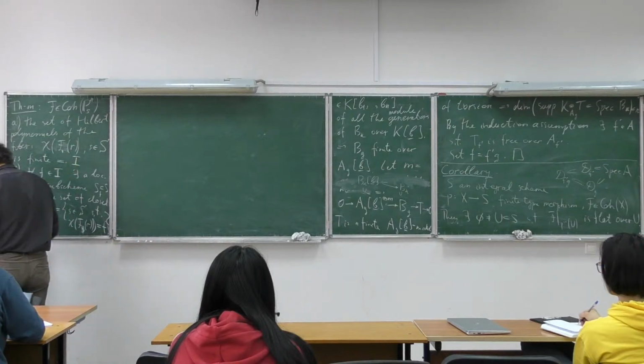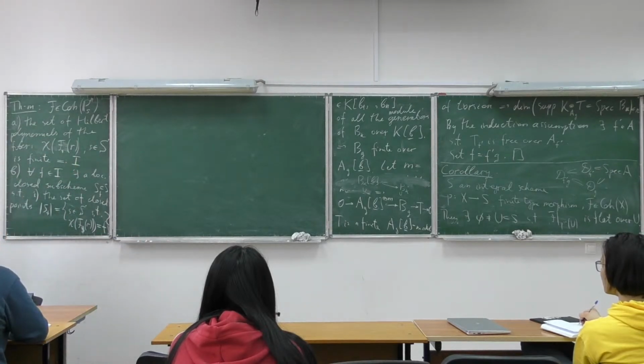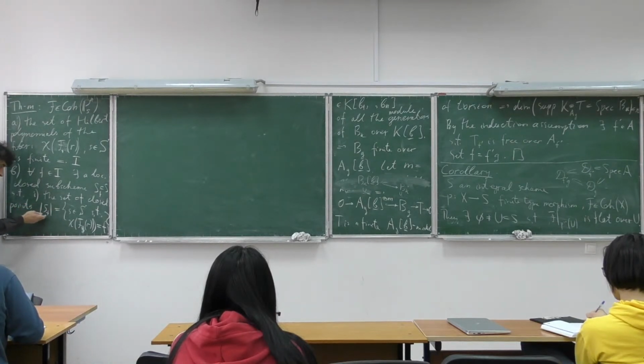Okay, this is a very natural expectation. But the claim here is that this subset is the set of points of a locally closed subscheme. So it's not some constructible subset or whatever, not some random subset. It's the set of closed points of a locally closed subscheme.